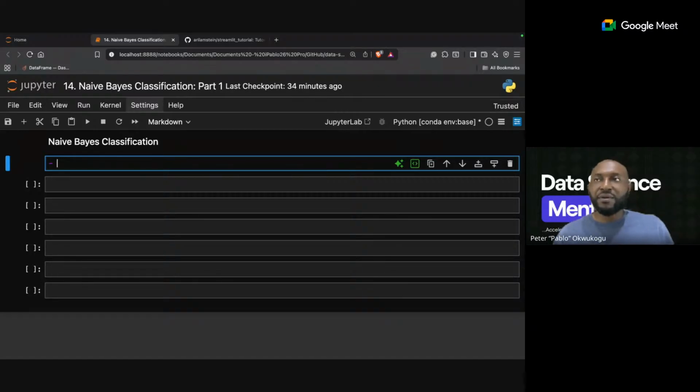Now, there is a group of models called the naive Bayes classification models, and they fundamentally use Bayes' theorem.